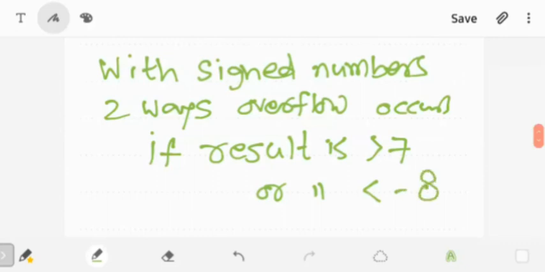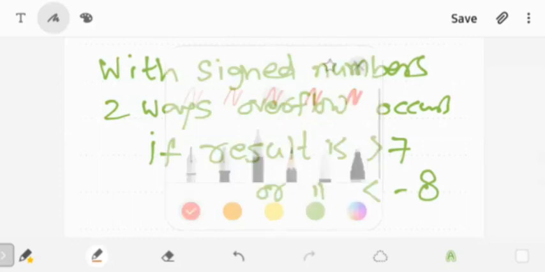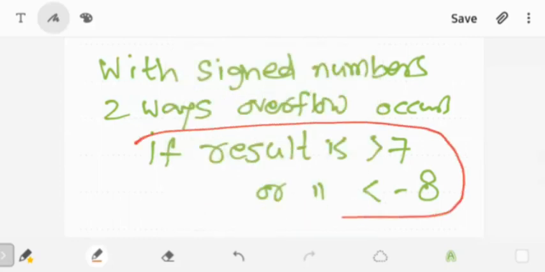Make a note of it. If the result is greater than 7 or less than minus 8, in this way the overflow is hard to detect sometimes, and the result will also give a wrong answer.